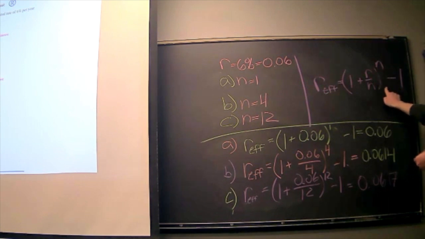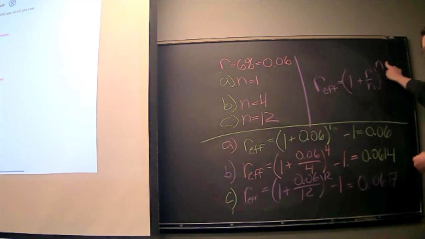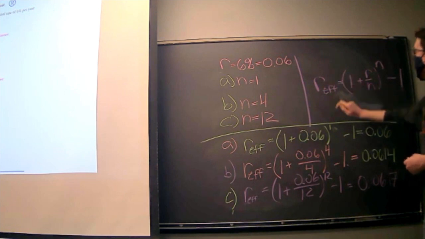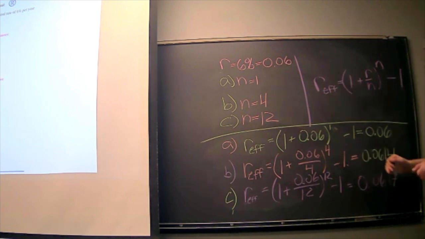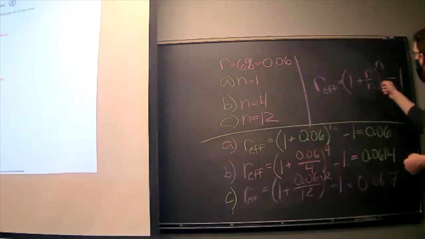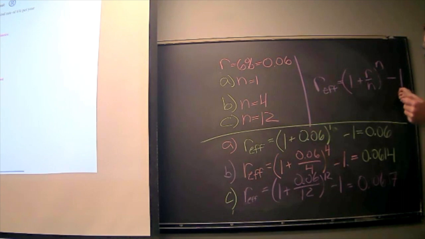If we compare this to the amount that we incur over time, the difference here is we don't have t in our exponent, and we don't have an initial amount, right? So what this is measuring is the amount of interest increased minus 1 to tell us what the actual rate of yearly increase is. Does that make sense?